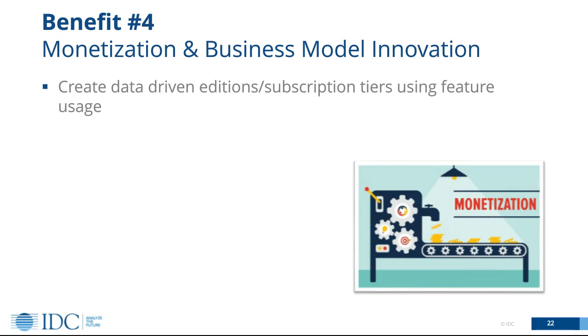So one of the things you can do with this data is, instead of guessing which companies or which sizes of companies might use a given feature in the lowest tier, the middle tier, the highest tier, if you're doing tiers or different bundles, now you have data that can help you understand that.